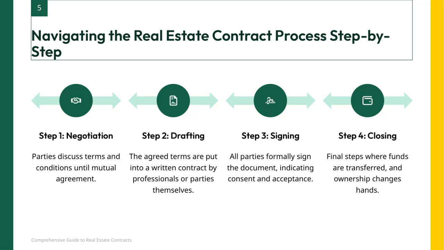When navigating a real estate contract, the process unfolds in four key steps. First, negotiation. This is where all parties come together to discuss the terms and conditions, working towards an agreement that satisfies everyone involved. Next comes drafting. Once terms are agreed upon, they are carefully put into writing, either by legal professionals or the parties themselves, to create a clear and binding contract.